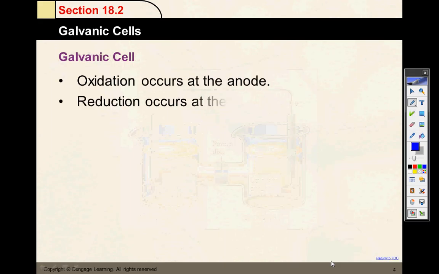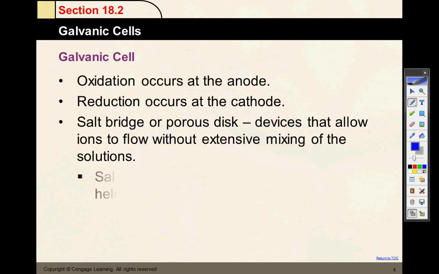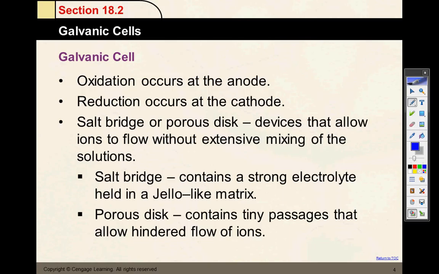In a galvanic cell, oxidation occurs at the anode and reduction at the cathode. We have a salt bridge or porous disc that allows ions to flow without extensive mixing of solutions, and a strong electrolyte is contained in the salt bridge. Can anybody give me some examples of a strong electrolyte?